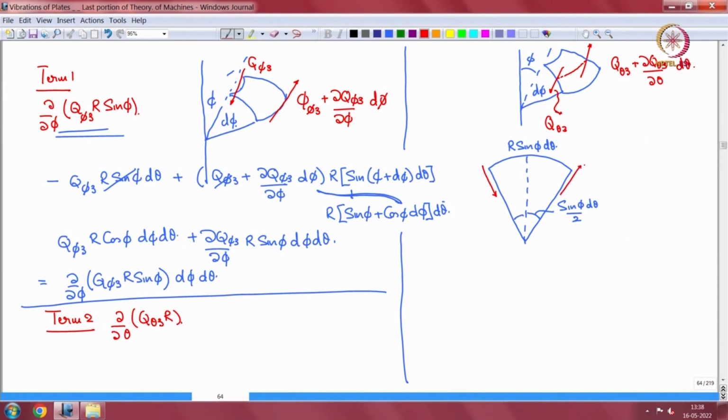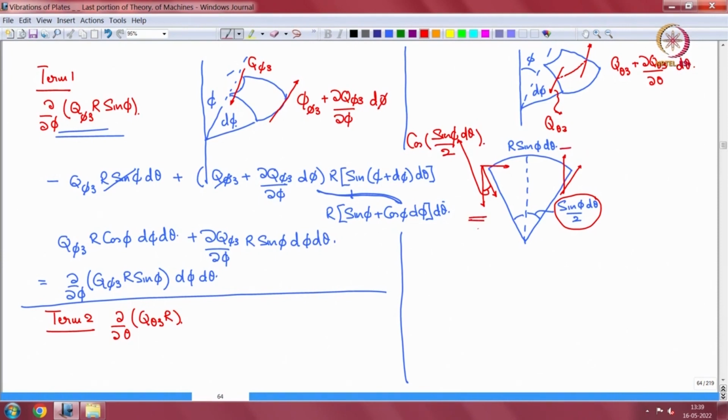I am looking for the vertical component, the cosine of this angle. This angle is a small angle, sine phi d theta by 2, so the cosine of that angle is actually 1. So now the components here will be negative and here will be positive.